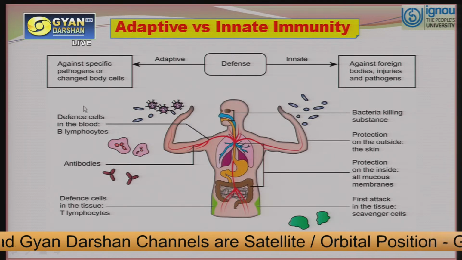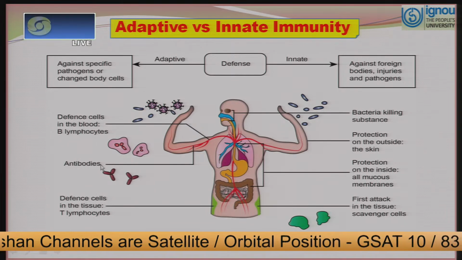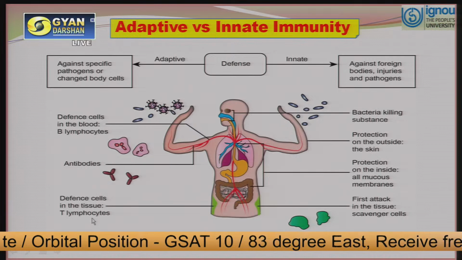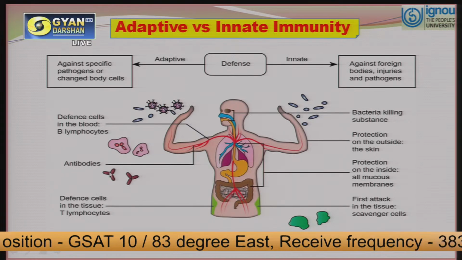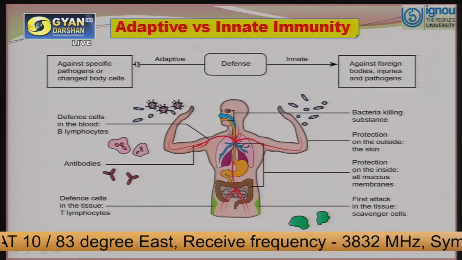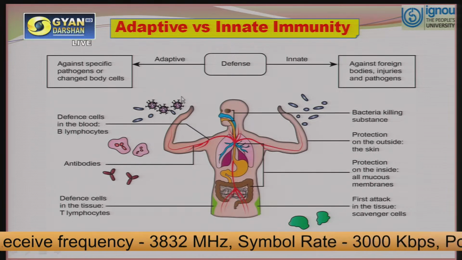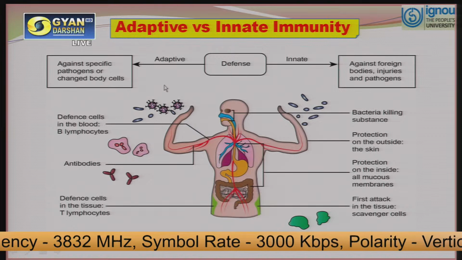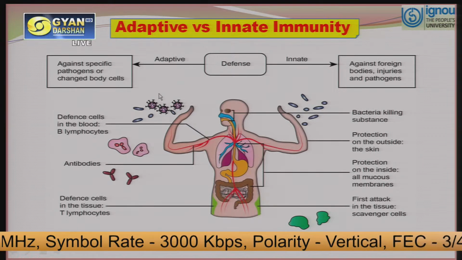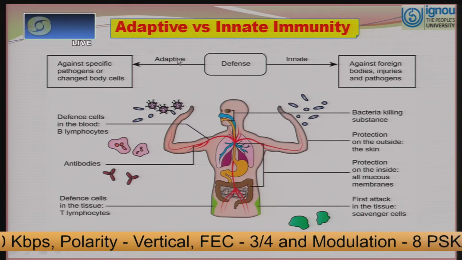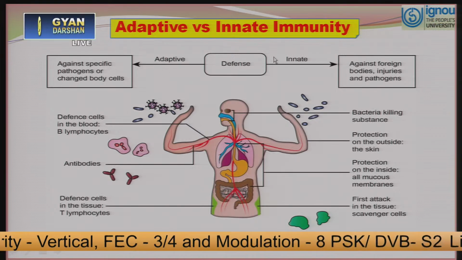The cells involved in adaptive immunity are T cells and B cells, and antibodies. Ultimately, our body can be protected from pathogens with the help of adaptive immunity.